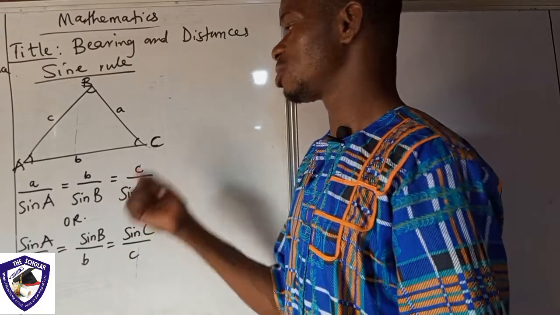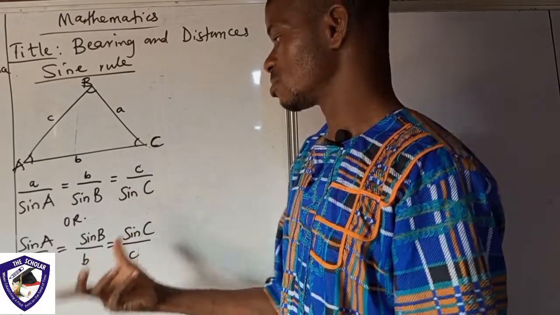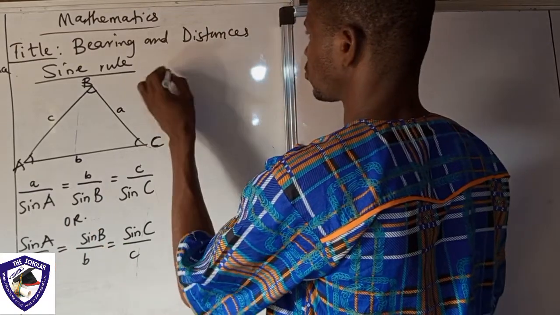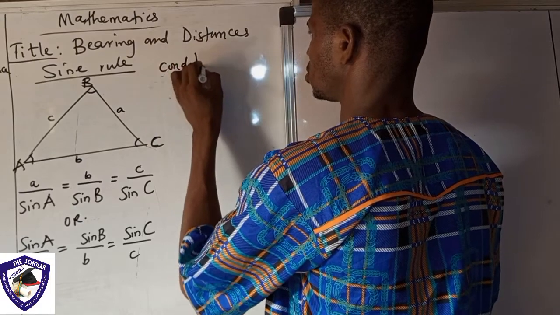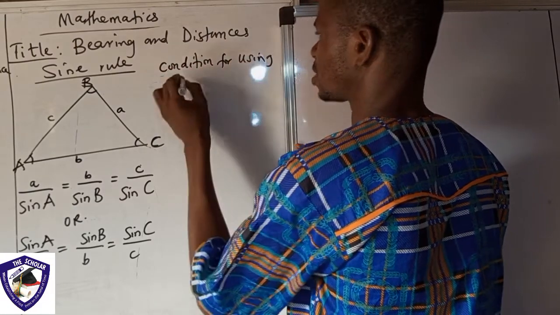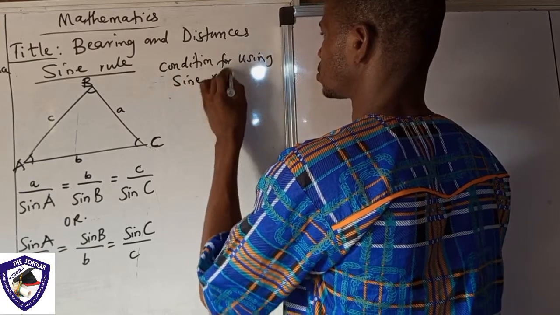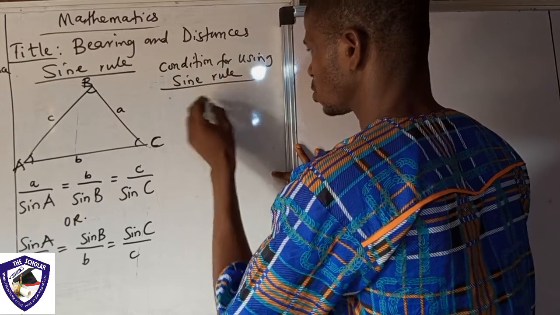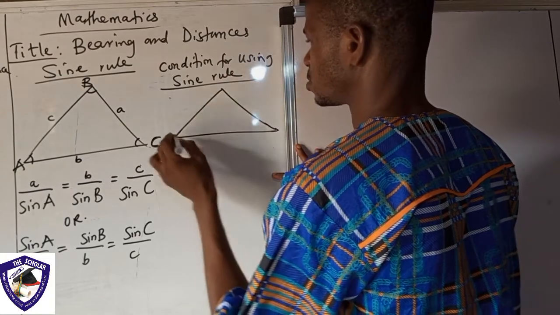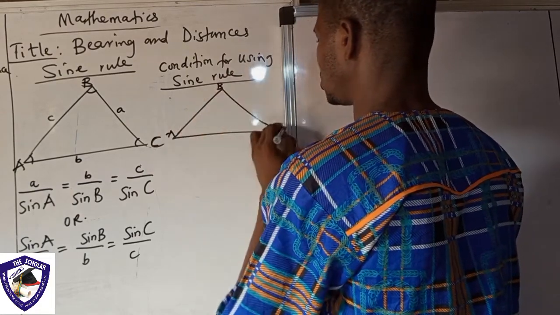Now, what are the conditions for us to use sine rule? Let's look at these two triangles so that we take the conditions for using sine rule. Triangle ABC.